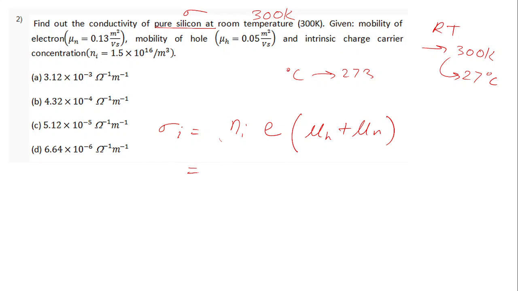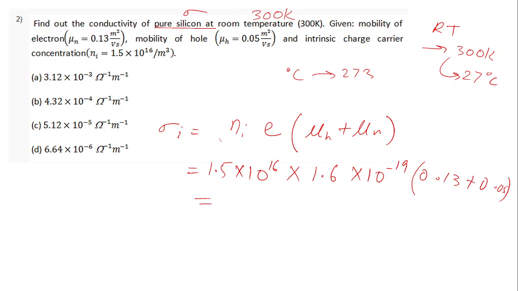But here for this formula we didn't need this, so we'll just put the values in this formula. Intrinsic charge carrier concentration value 1.5 times 10 to the power 16 per meter cube. Charge of electron will be 1.6 times 10 to the power minus 19, and this is mobility of electron and mobility of hole, that is 0.13 and 0.05. After adding all this, 0.13 plus 0.05 is 0.18, and multiplying, 1.5 times 1.6 is 2.4, times 10 to the power 16 minus 19, times this.